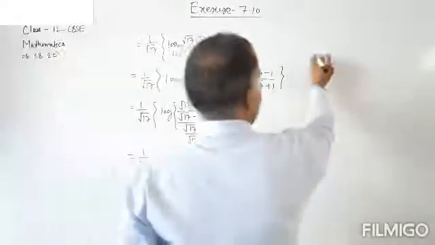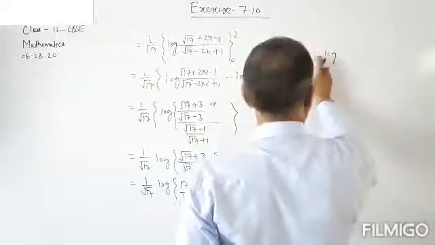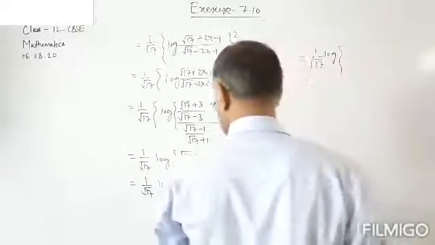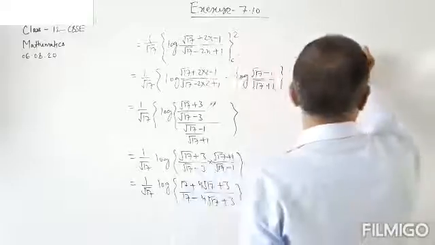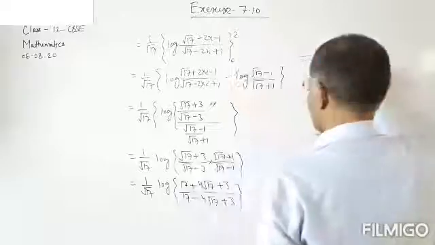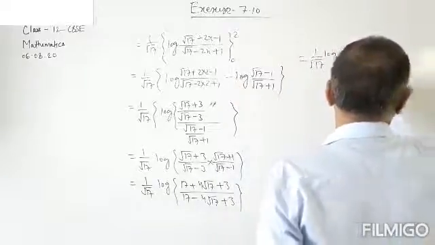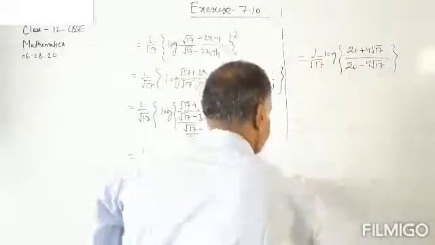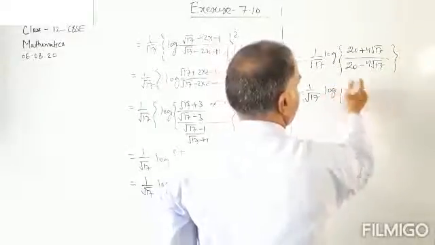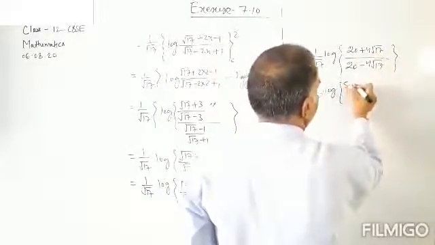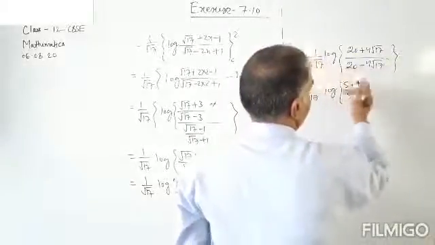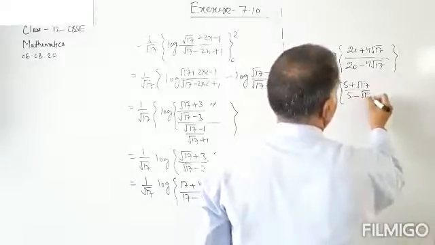So this is equal to 1 by under root 17 log of (20 plus 4 under root 17) upon (20 minus 4 under root 17). So this is equal to 1 by under root 17 log, taking 4 as common, (5 plus under root 17) upon (5 minus under root 17).